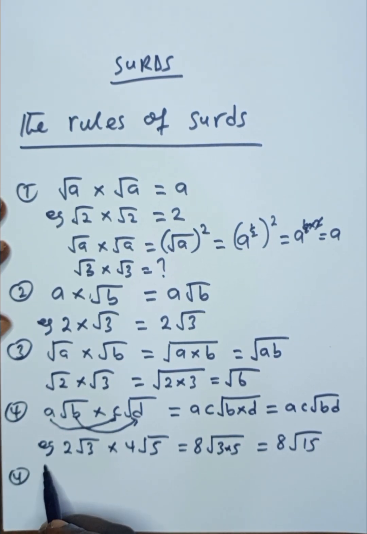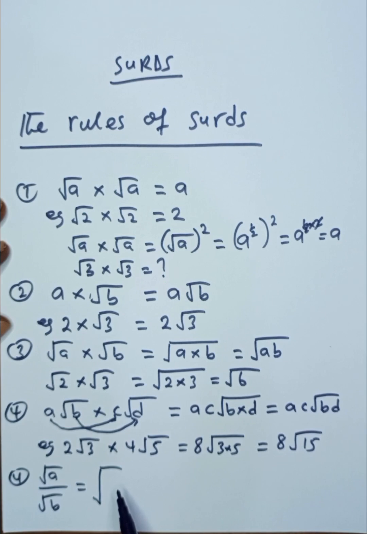Now, if we have square root of a over square root of b, since we have square root of a number over square root of another number, we can maintain one big root sign and write the numbers under them. So since a is dividing b, we write a over b.